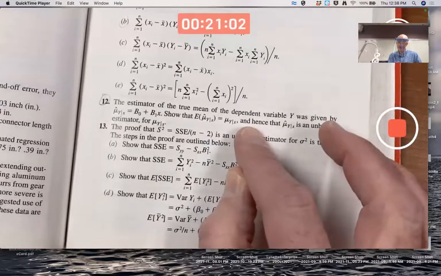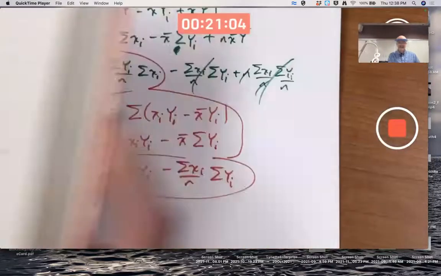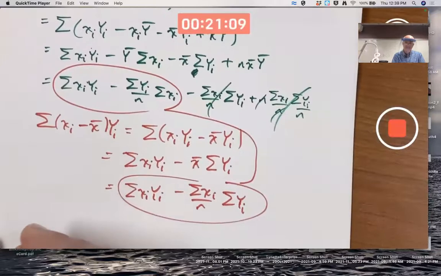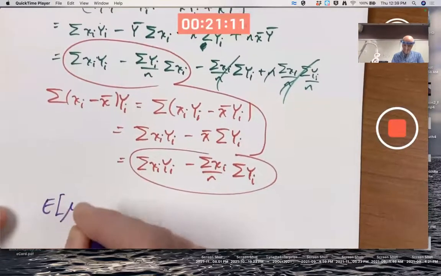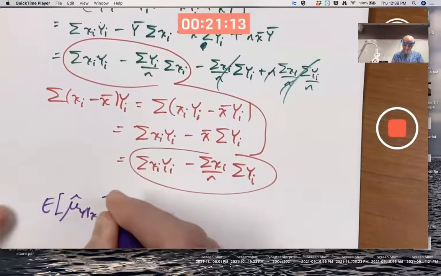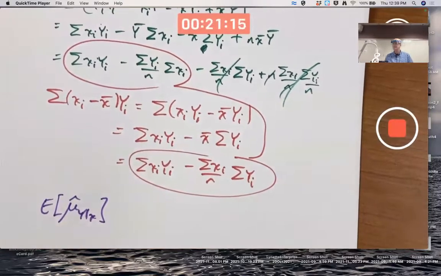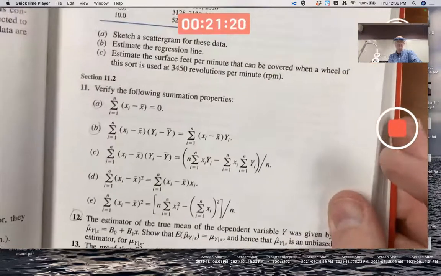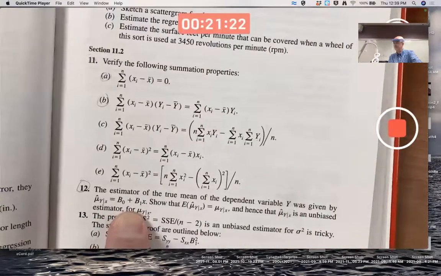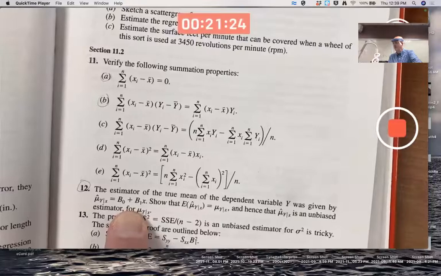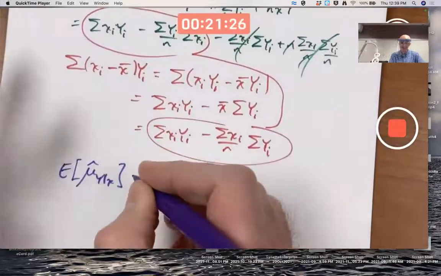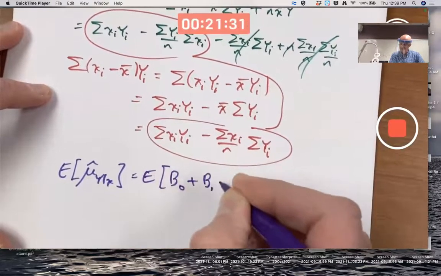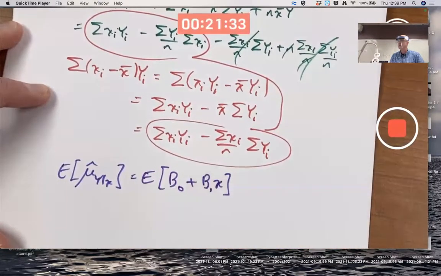Trying to show this, I gave you a hint. I said use properties of expected values. Also use the formula for mu hat: capital B0 plus capital B1 x. You must use capital letters, not lowercase there. These are statistics, random variables, not observed values.